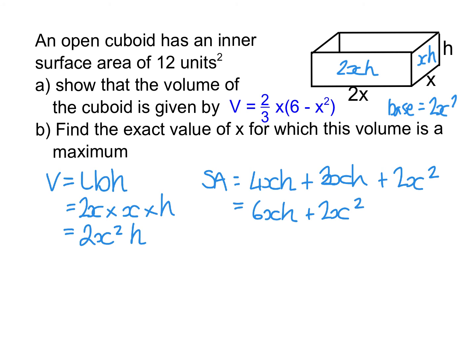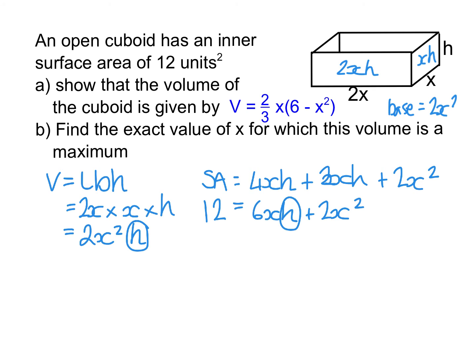Now I'm going to go back and look at my original formula. My original formula has 2/3 x, 6 minus x squared. Notice there's no h in there, right? So we're going to have to do something to get h on its own. So I'm going to rearrange this equation here. Now there's something else I haven't put in. They told us that the surface area was 12, so I can put a 12 in here.